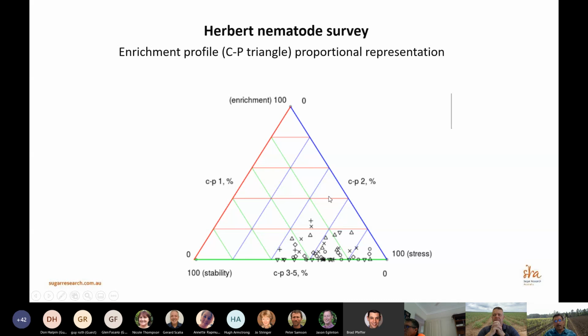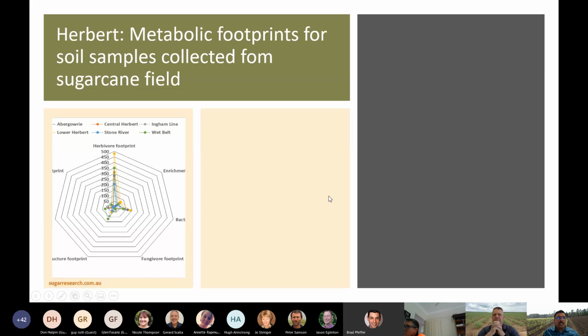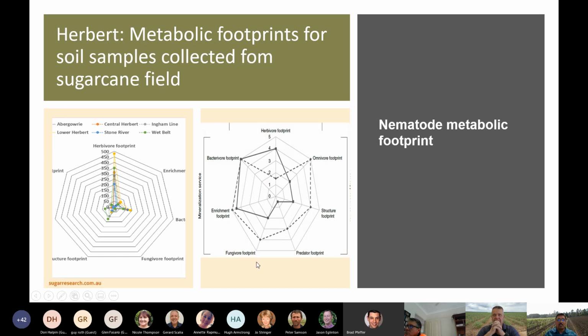The other option, which I'll cover shortly, is the radar chart. These are our results. It shows that the soil has heaps of herbivores, which means most of them are plant parasitic rather than other nematodes. So what should a typical perfect condition be?